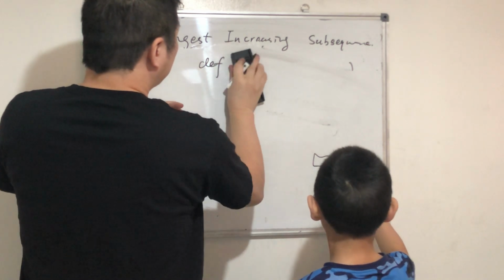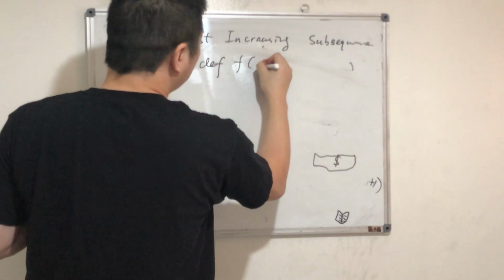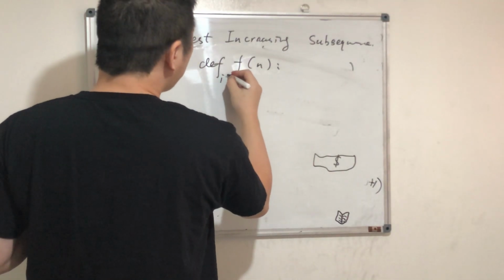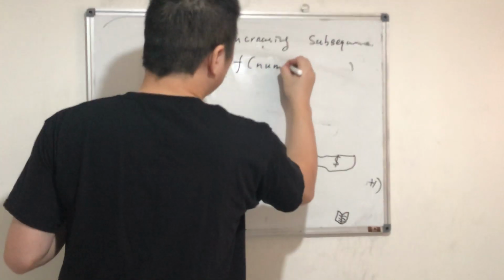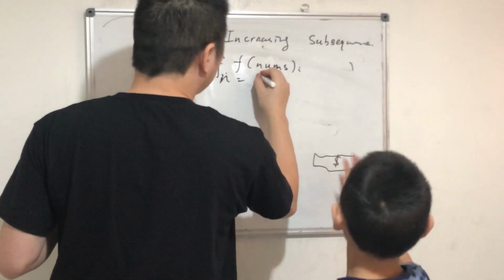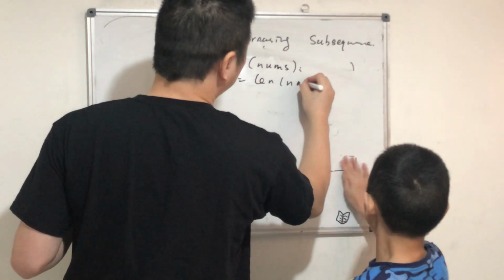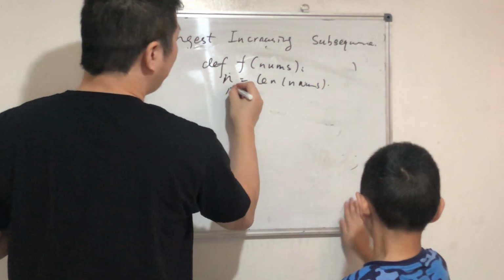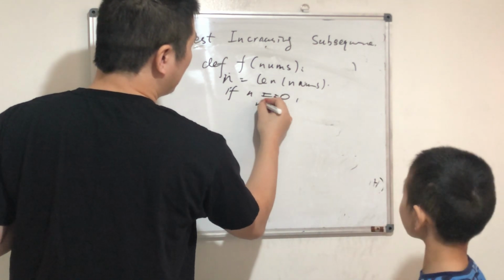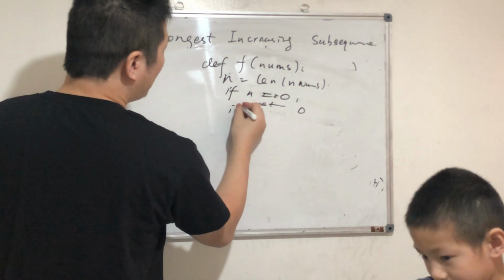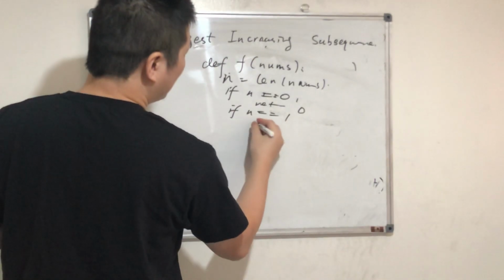Okay, let's look at Fn again. Given numbers, n equals the length. We need to find the length first. If n is 0, return 0. If n is 1, return what?